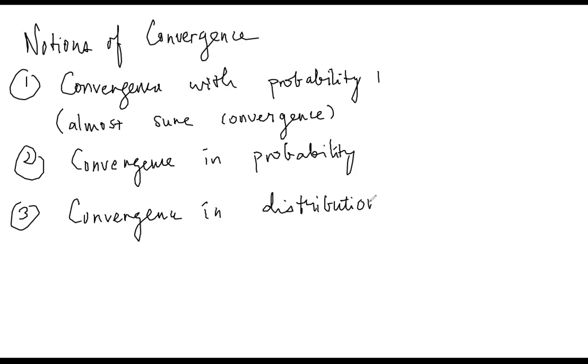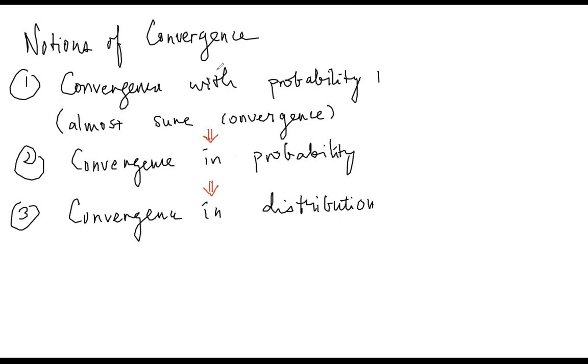Okay, so there are these 3 notions of convergence, and there is actually a hierarchy among them. So if you establish convergence with probability 1, then this would imply convergence in probability, and it would also imply convergence in distribution. Okay, so the flow is from 1 to 3. Yeah. So if you establish convergence in probability, you can claim convergence in distribution.